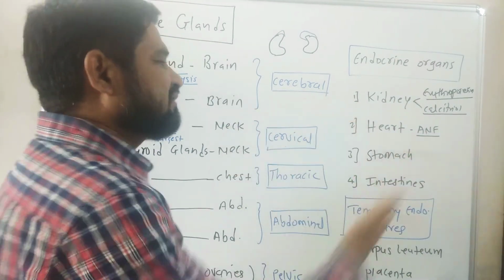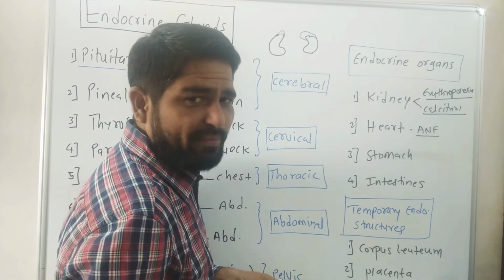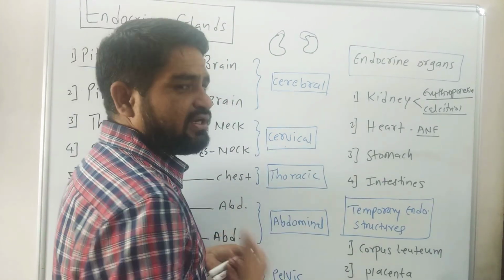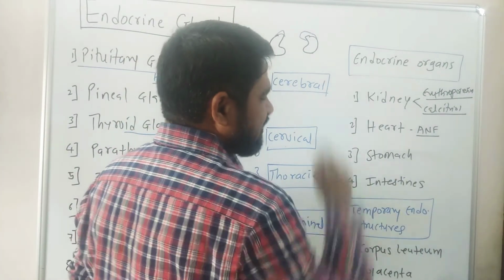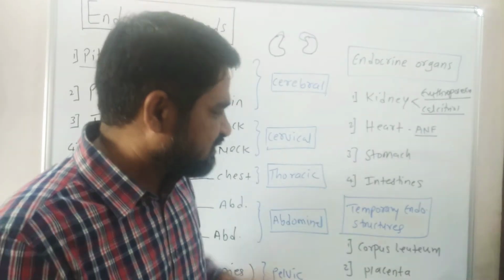We'll study the details about ANF in the next sessions. Next is the stomach. There are a number of hormones produced by the stomach, such as gastrin, cholecystokinin, and different hormones. And the intestine also produces many hormones. So these are the endocrine organs of the body.